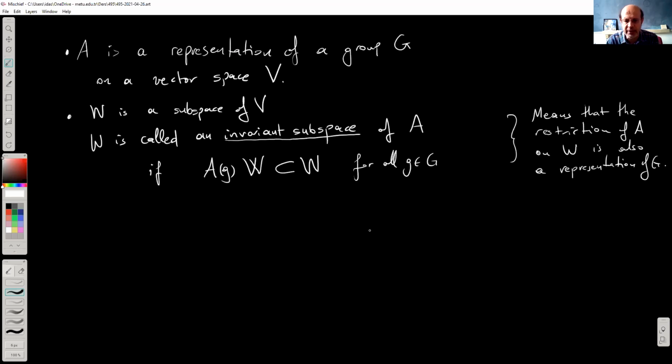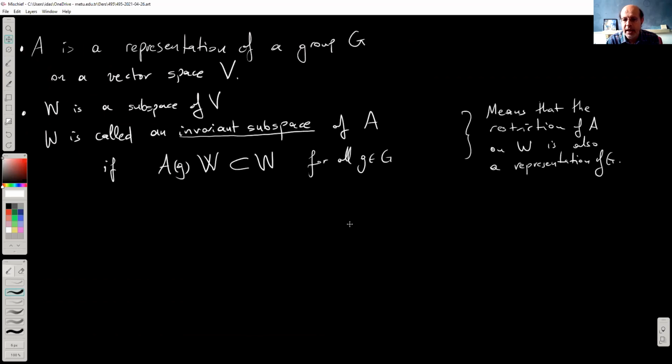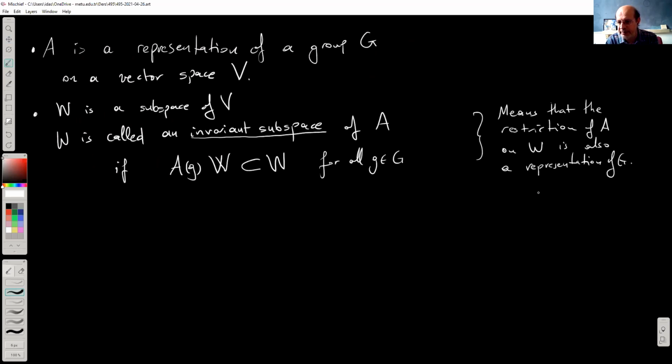It means that this A is acting like a representation on that subspace too. So as a result, you can think of a smaller representation, but this time it's a representation on the subspace, okay? You can think of it like this.